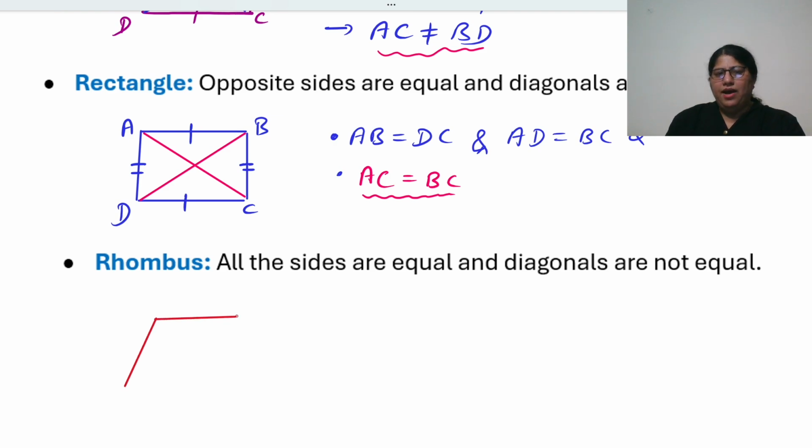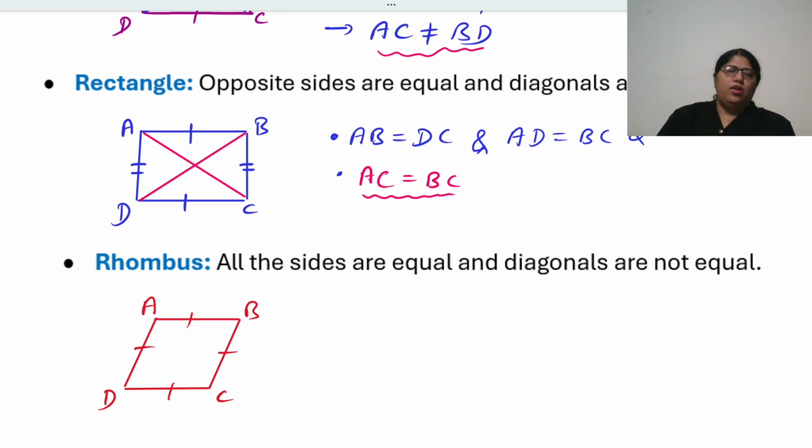Rhombus is a parallelogram with equal sides, right? There's no 90-degree angle. So if I try to draw a rough figure, I have to check. I'm just drawing AB. I'm just drawing a quadrilateral, right? Now for ABCD to be a rhombus, all four sides should be equal and the diagonals are not equal because in square, what is the difference between rhombus and a square?